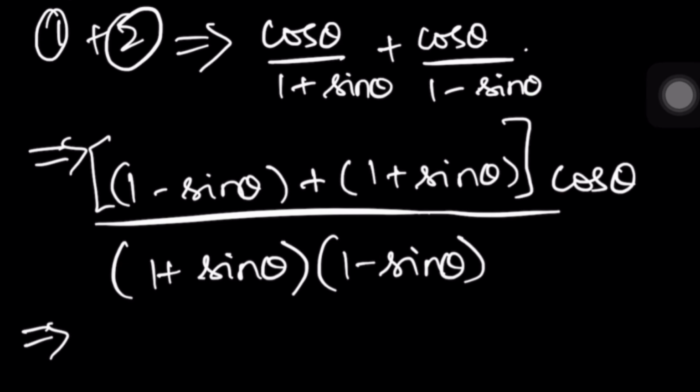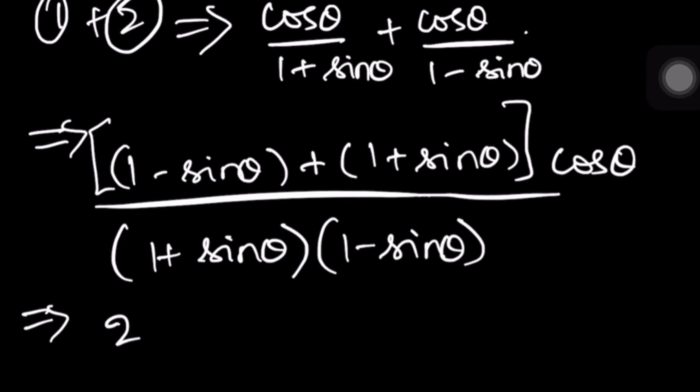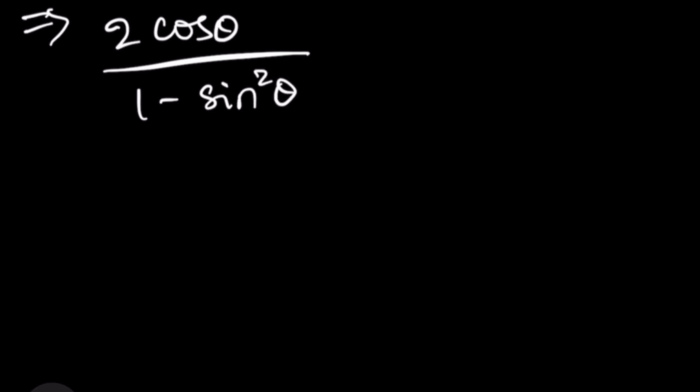So I get 2 cos theta divided by 1 minus sin square theta. We know 1 minus sin square theta is cos square theta.